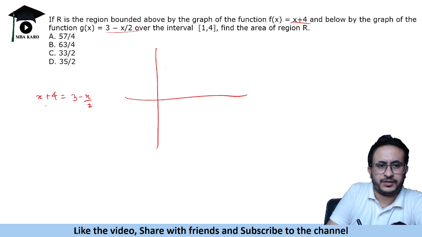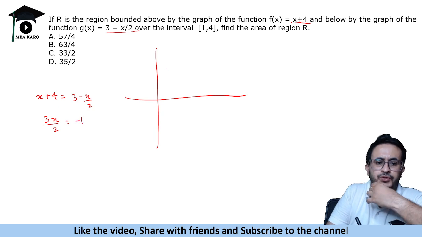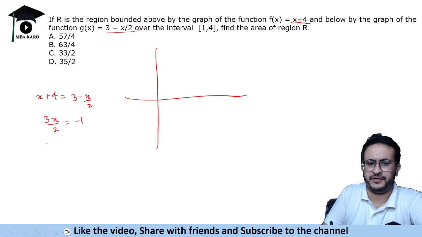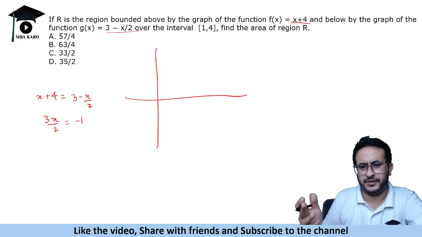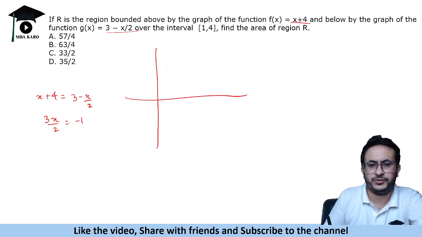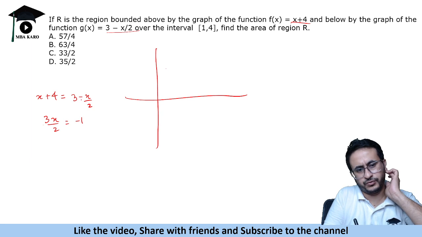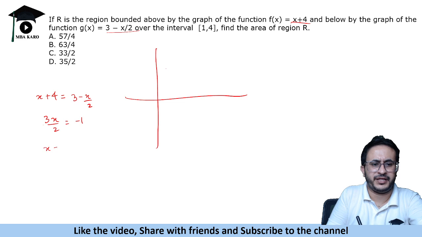So we will have 3x by 2 is equal to minus 1. Or we will basically draw, plotting the points and find the points where they meet each other. That's the best way, not to solve the equation. I mean, we can solve the equation. 3x by 2 will be equal to minus 1, so x will be equal to minus 2 by 3.